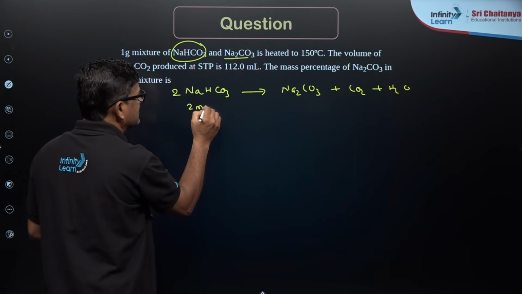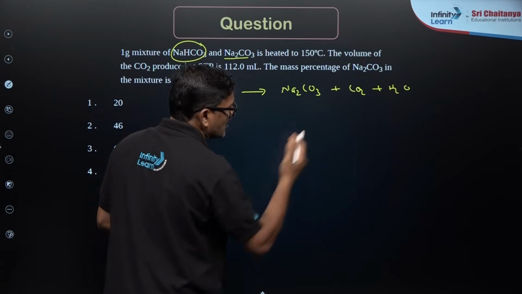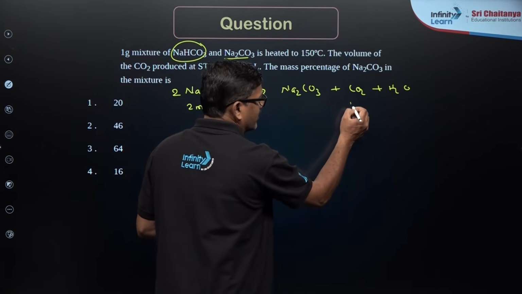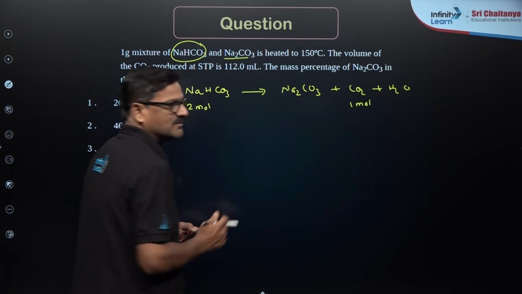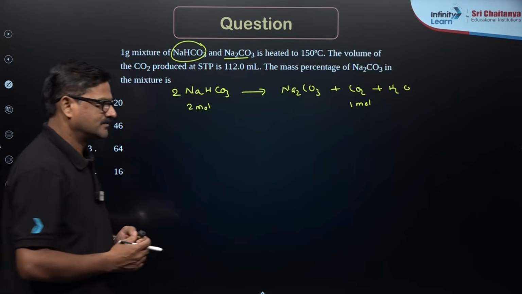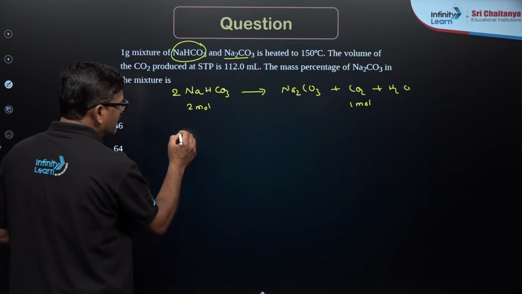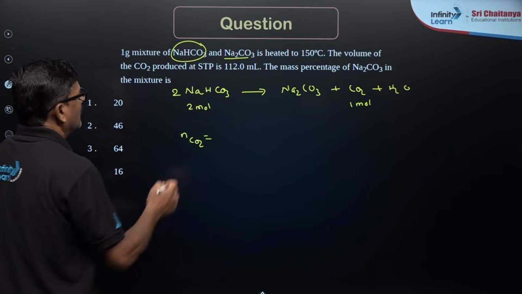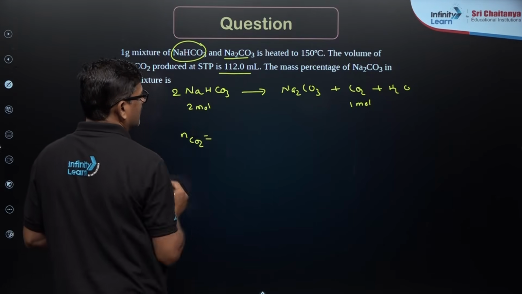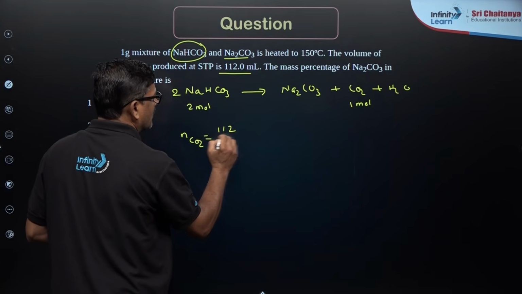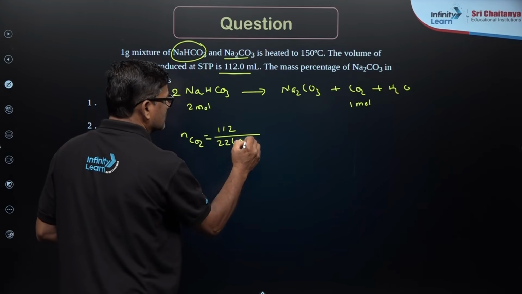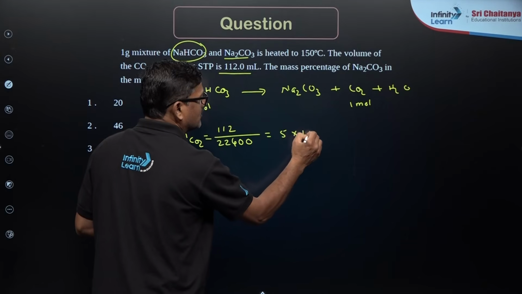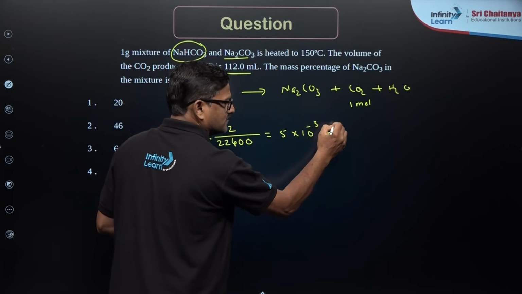So 2 mole of NaHCO3 can decompose to give rise 1 mole of CO2. Number of moles of CO2 is equal to 112 upon 22400. You are going to get 5 into 10 raised negative 3 mole.